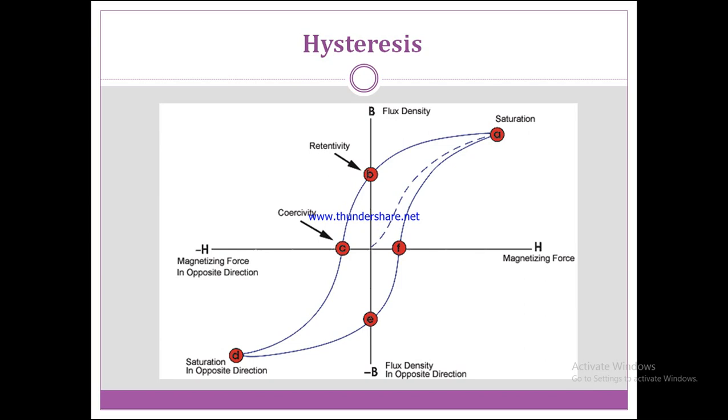Okay, so this is the highest value where the magnetizing force of that material ends. At that point, if we increase the flux density, the magnetizing force will not increase. So now we are reducing the magnetic flux density towards 0.